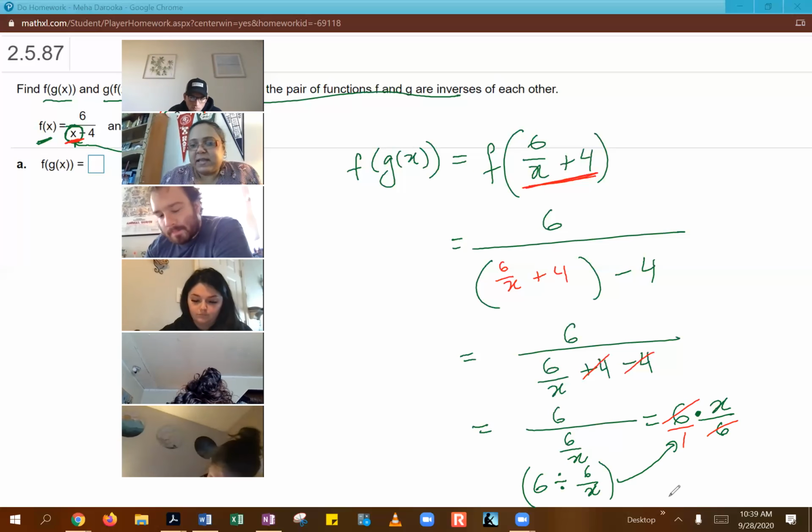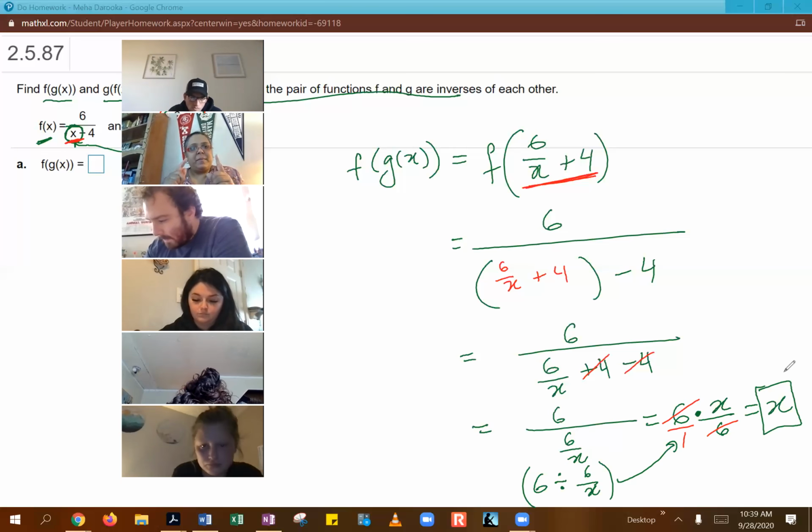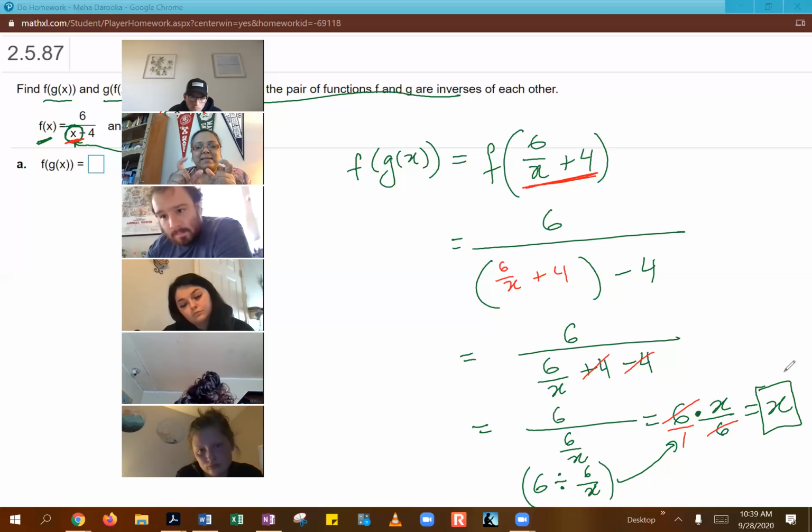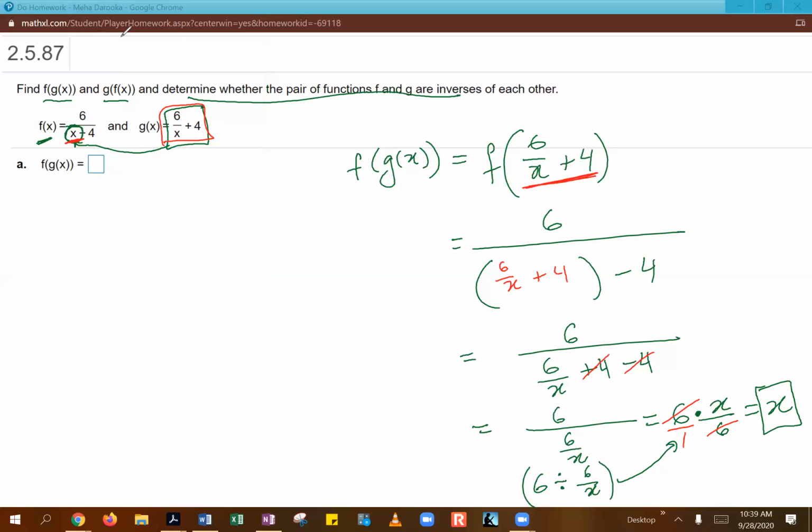And you, of course, just end up getting x as your answer, which is what we want, because if you remember, I had told you, when you take the composition of your two inverse functions, you get the identity function, right? So you should only end up getting x as your answer. And we did. So that's a really good sign for this example over here. So for the first part A, we can go ahead and type that x in.